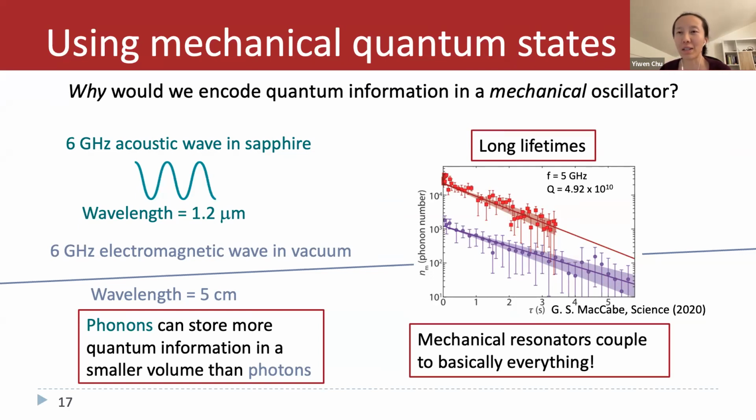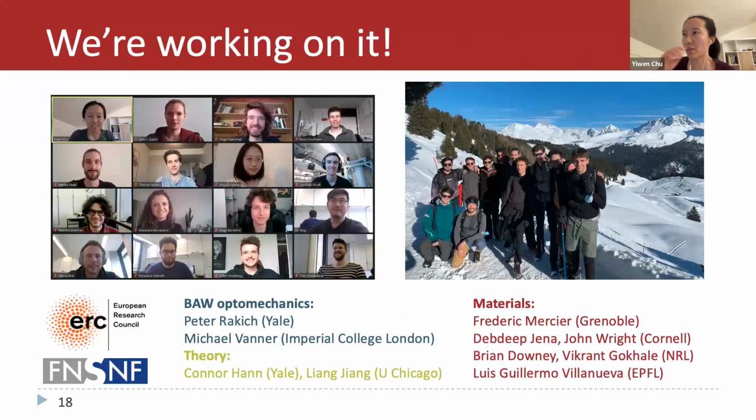It turns out that they do couple to infrared light through, for example, Brillouin scattering. Our collaborator Peter Rakich at Yale has worked a lot on this, and I also worked with him when I was there. And now in my group we are looking into combining these two halves together.